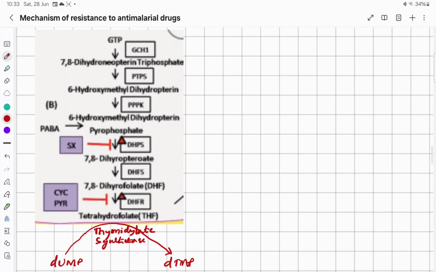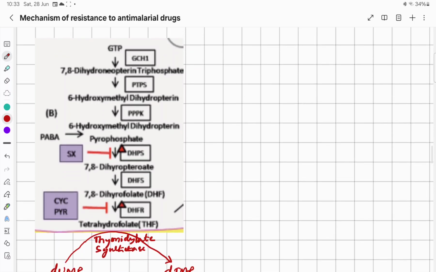Then the production of tetrahydrofolate by the malarial parasite from guanosine triphosphate, GTP, and here the key enzymes are dihydropteroate synthase and dihydrofolate reductase.